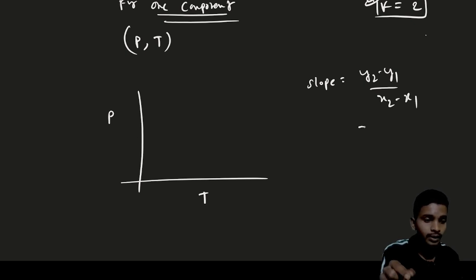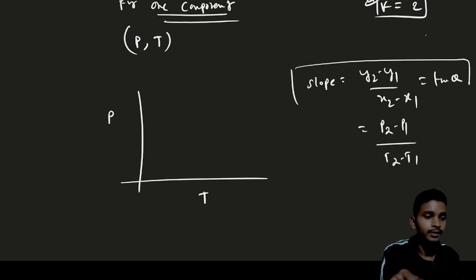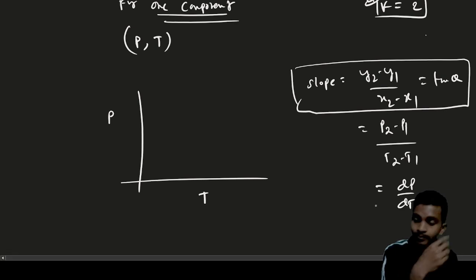So in y, that is P, so P2 minus P1 and T2 minus T1. This is the slope, equal to tan theta, so P2 minus P1 over T2 minus T1, that is dP by dT.